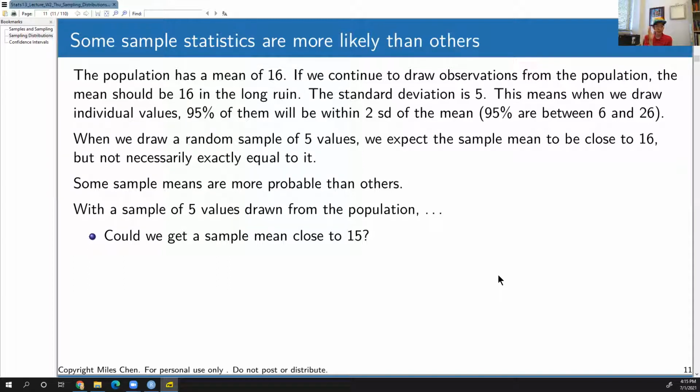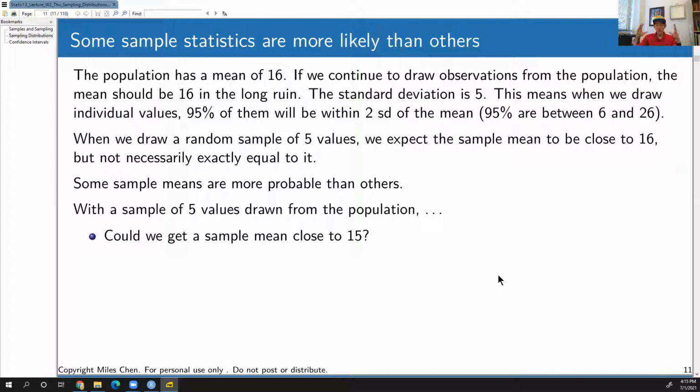But when we take samples of 5 values, we expect the sample mean to be close to 16, the population mean, but we don't expect it to be exactly equal to it. So when we do this, we expect some sample means to be more probable than others, right?